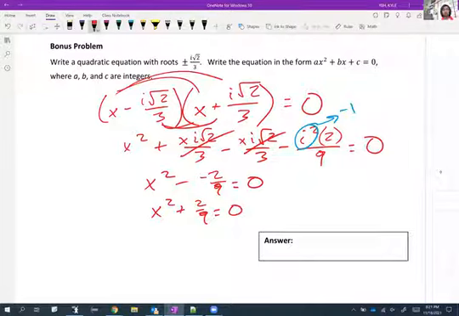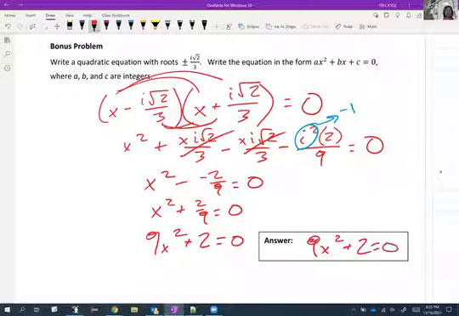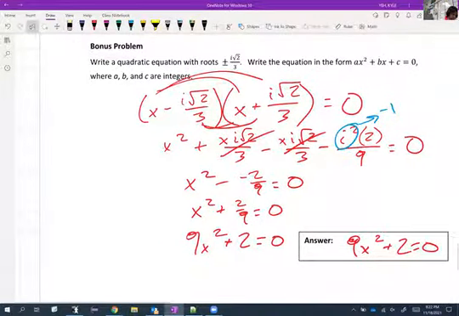Only step left, we wanted all integers. I'm just going to multiply everything by 9. I could do that if I do both sides of the equation. 9x squared plus 2 is equal to 0. And I can always check that by pretending, okay, let's say they gave me this and asked me to solve.